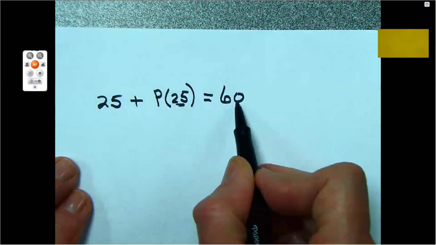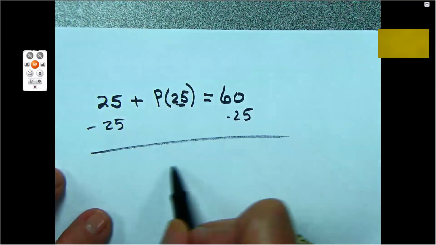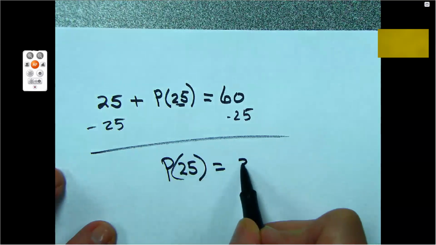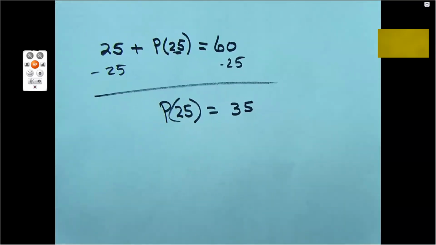Let's see, this is multiplication. So I can subtract 25 from both sides. P times 25 equals 35. I'm trying to solve for that percent of increase.